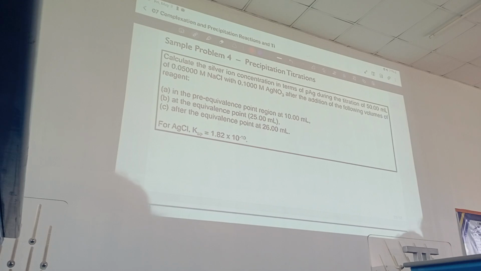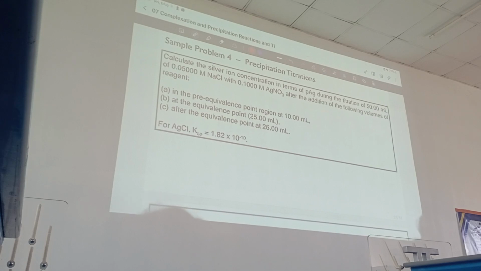Calculate the silver ion concentration in terms of pAg during the titration of 50 mL of 0.05 M NaCl with 0.1 M AgNO3 after the addition of the following volumes of reagent: before the equivalence point, at the equivalence point, 25 mL, and after the equivalence point. Given the Ksp of AgCl is 1.82 times 10 to the negative 10.